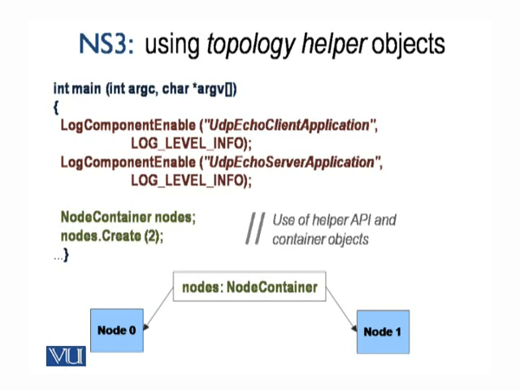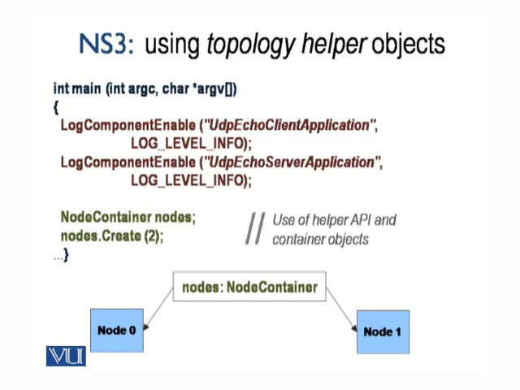So instead of specifying and working on every node and then on every network device and then on every channel, we put all of the nodes in a node container, and then we apply a common operation to all of the nodes inside the node container. In fact, we're going to make use of the hidden or embedded for loops in the helper objects to make things easier for us.